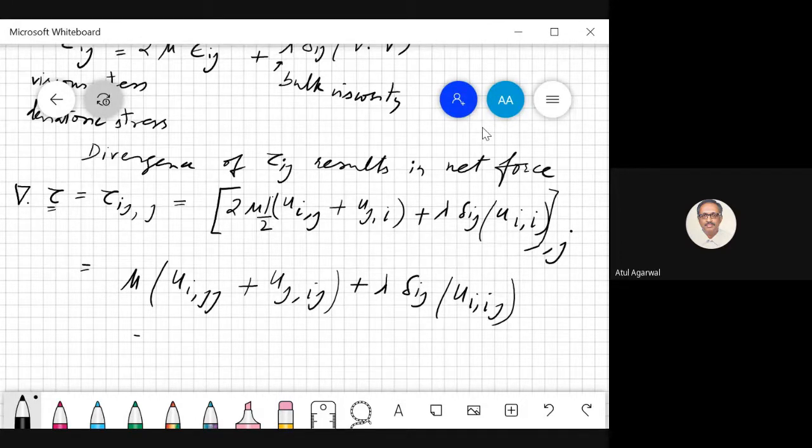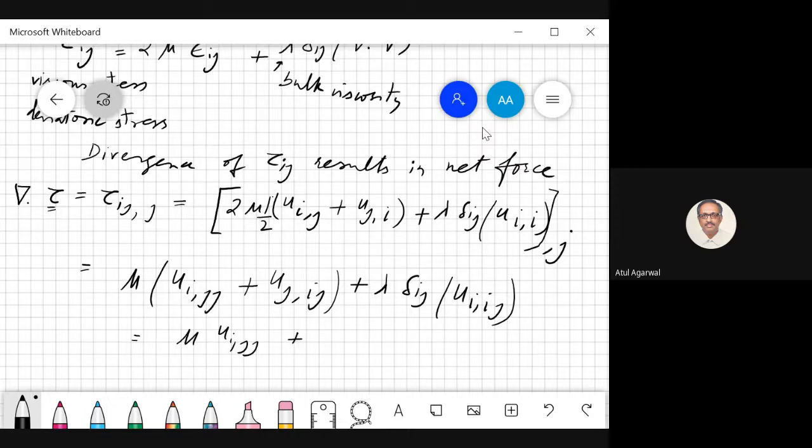Now you look at this. This is mu ui comma jj plus, look at this term uj comma ij. Here you have a delta ij, so you can make one index the same.